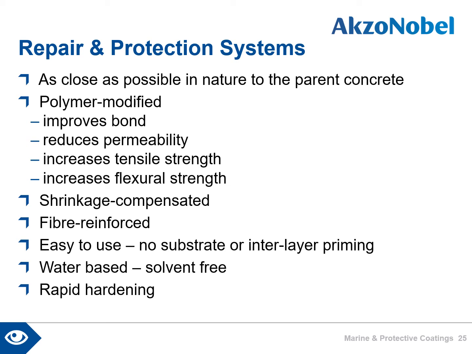And in part, this is achieved through fibre reinforcement, as this is a control on permeability. The product should be easy to use, with no substrate or interlayer priming. And they should be water-based and solvent-free. And the hardening and curing characteristics should be appropriate for the circumstances in hand.